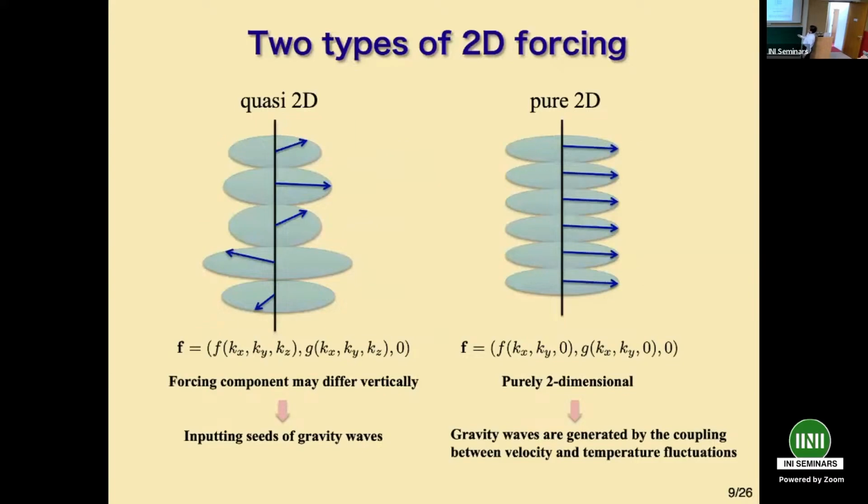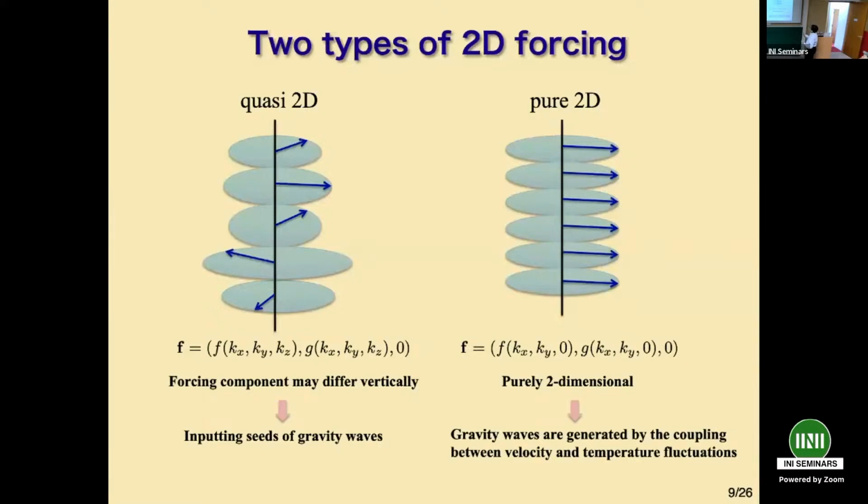One is quasi-2D, where we force just the horizontal modes, X and Y, but with different wave numbers for forcing, which means we have different forcing from place to place. So this means the forcing component may differ vertically, and in a sense, we input some seeds of gravity waves with this forcing. So that's why we may have some contamination of artificial gravity waves and true gravity waves.